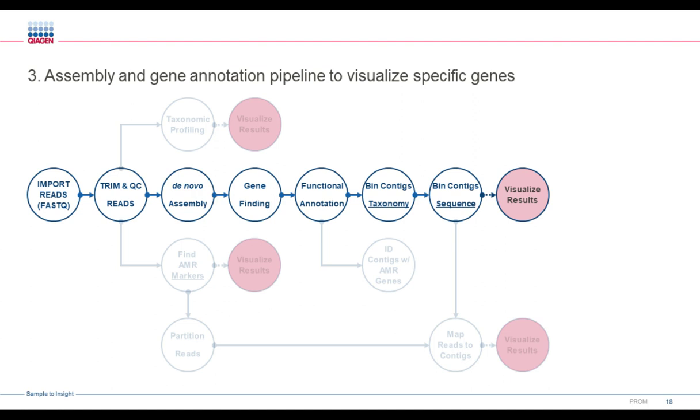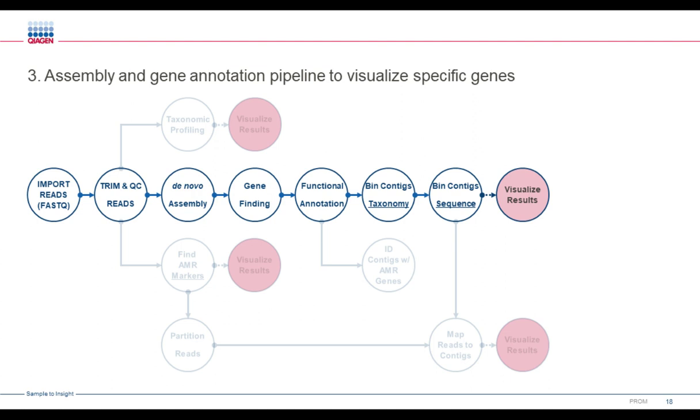And the pipeline proceeds by first trimming and QCing your reads, as we always do, using our de novo assembler that's included with the microbial genomics module, which is tuned specifically for shotgun metagenomic samples, by the way.